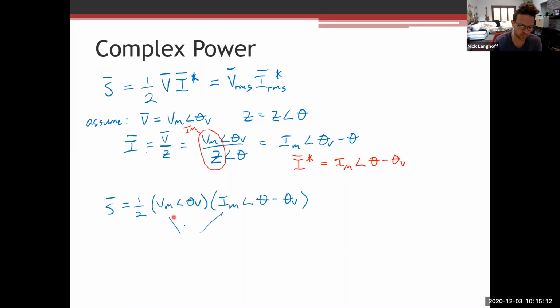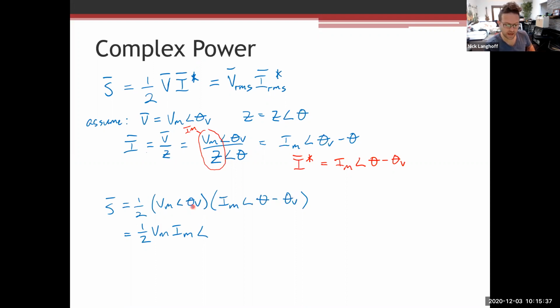It has a magnitude which is the product of the magnitudes, and it has a phase angle which is the sum of the phase angles, right? So what we get is 1/2 times Vmax times Imax, the product of the magnitudes, at a phase angle of the sum of the phases: theta V plus theta minus theta V.